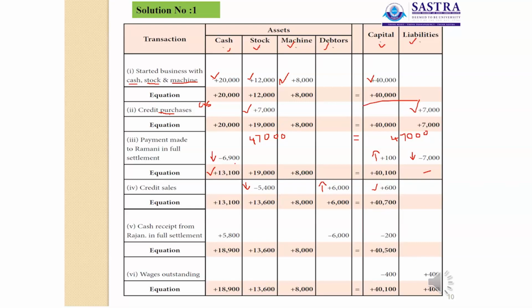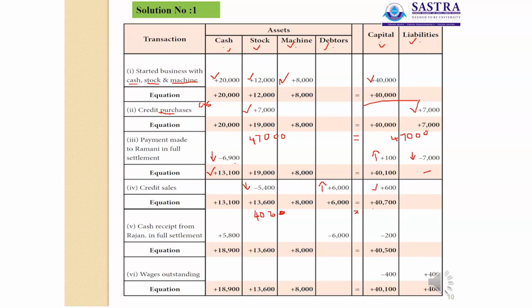40,100 plus 600, 40,700. So here the total is 13,100 plus 13,600, 26,700, then plus 8,000 plus 6,000. So totally 40,700. So 40,700 is the value of assets, which is equal to 40,700 on the liability side, capital plus liabilities.